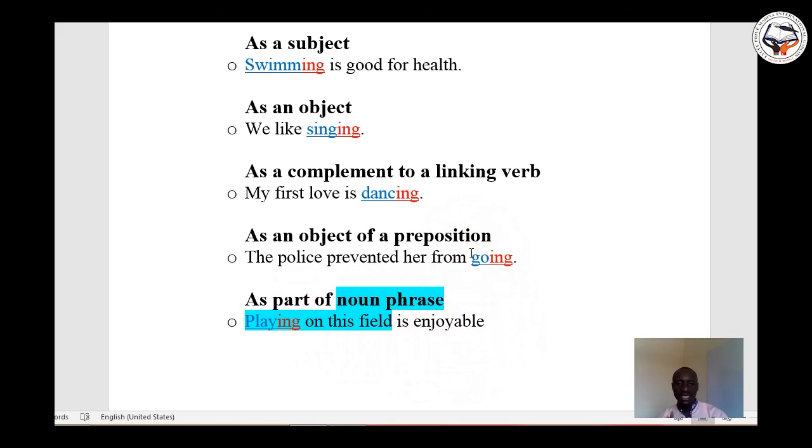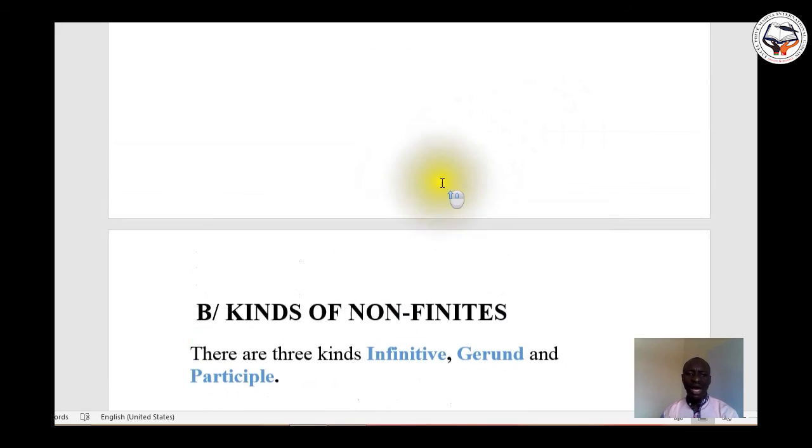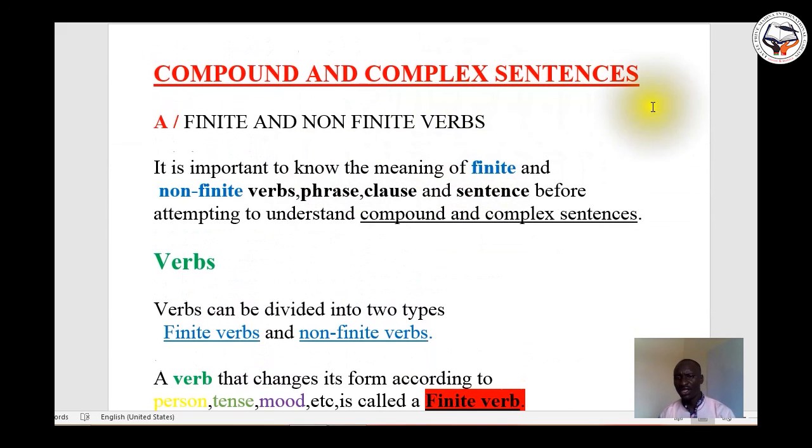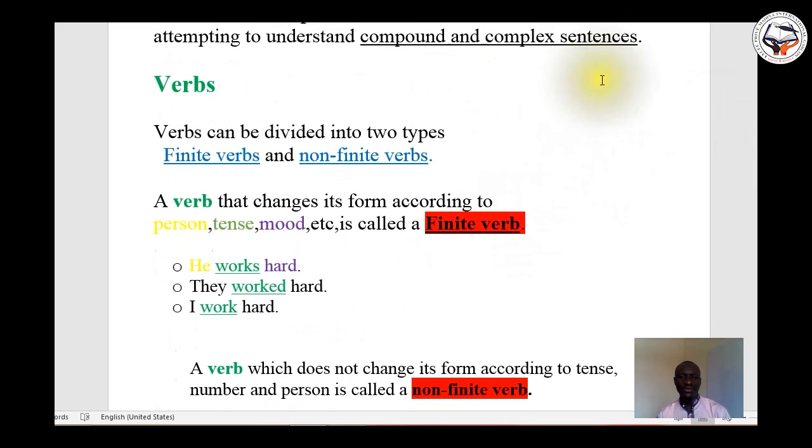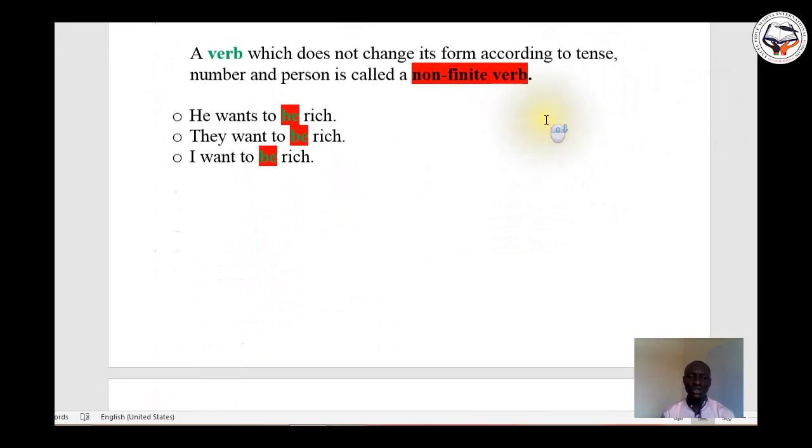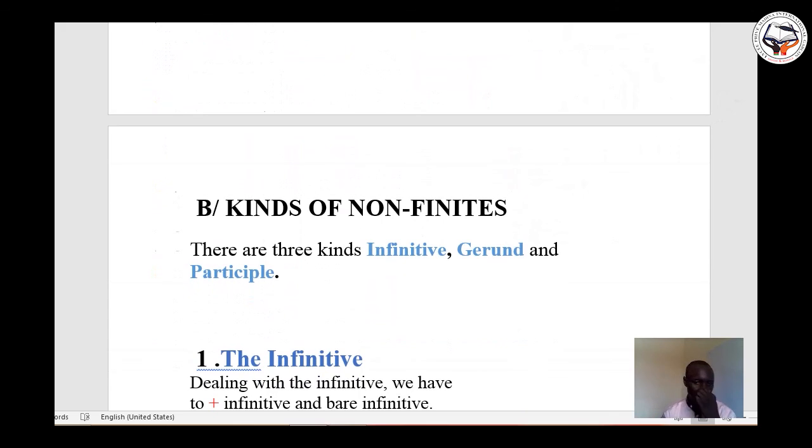So as you see, this lesson is a part of a series of lessons. I have told you that we'll see compound and complex sentences. But before we try to understand their meaning, it was very important for us to know what a finite verb and a non-finite verb are, and the different kinds of non-finite verbs: infinitive, gerund, and participle.